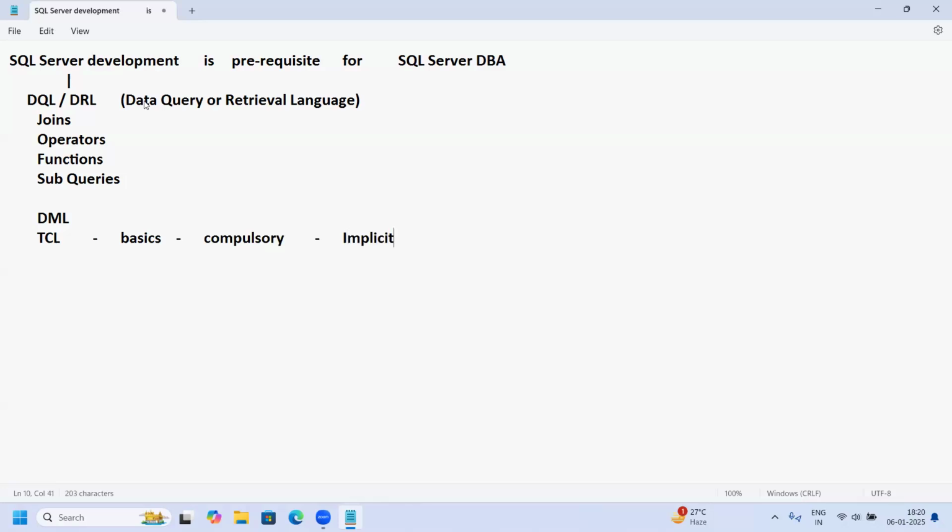About implicit and explicit transactions, about ACID properties. About commands: you should know commit, rollback, save tran, begin tran. That is TCL.